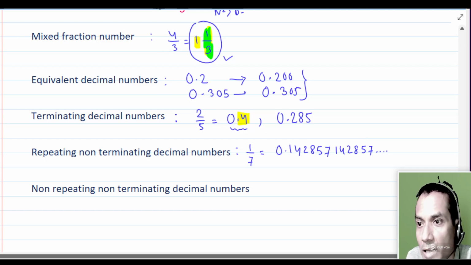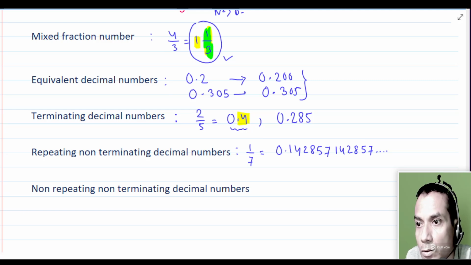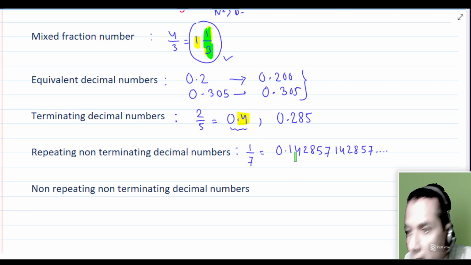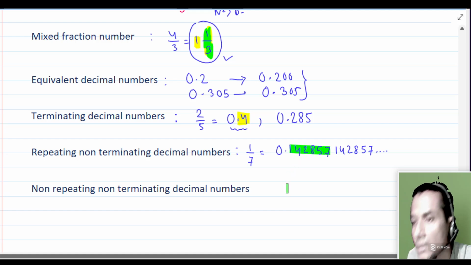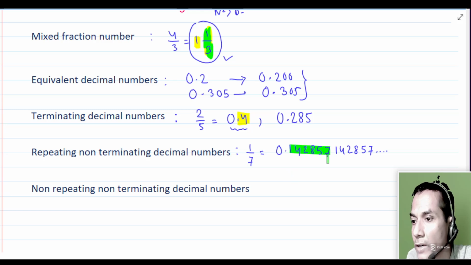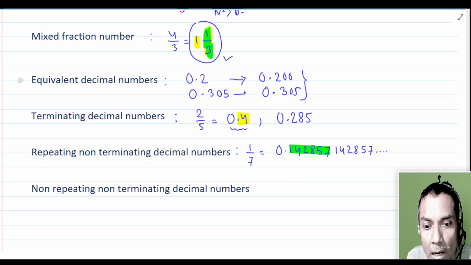Non-terminating means it will continue. There will be no end to the division. But the number is repeating: the decimal digits 142857 repeat again and again. Another example is 1 divided by 9.